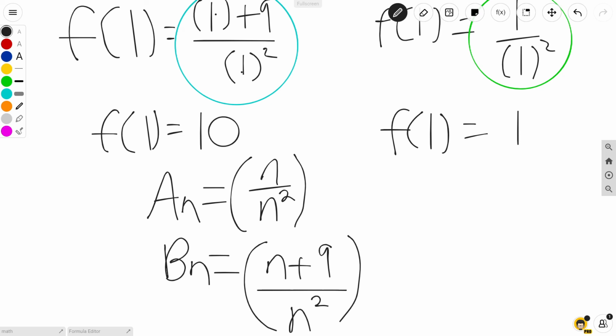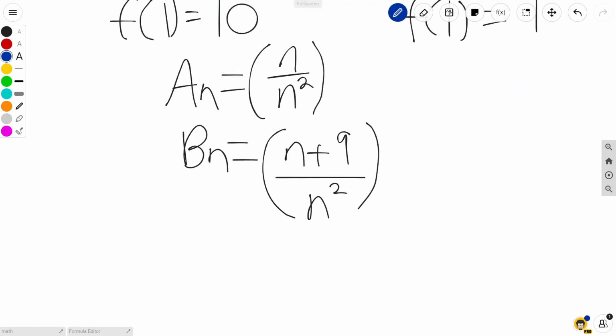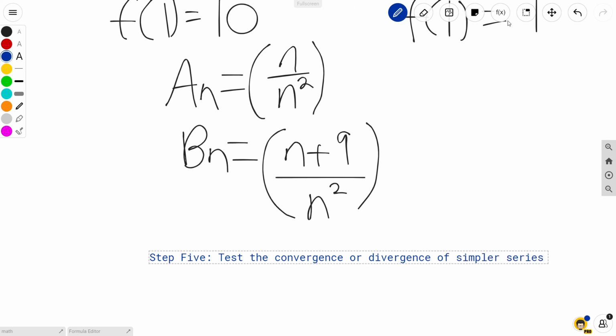Now that we have both, the next step that we're going to do, in step 5, is we're going to test the convergence or divergence of the simpler series.